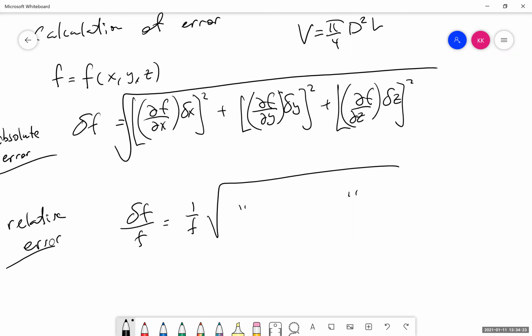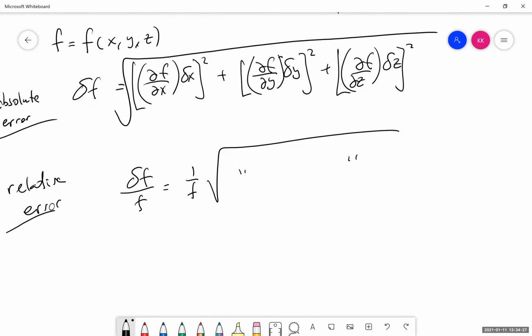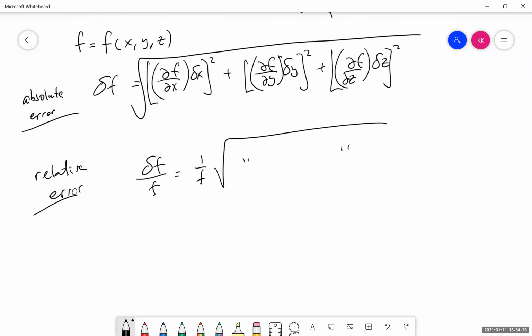Okay. So let's see then what we have. For example, remember, I calculated those quantities. Partial f partial x, remember, it's again in the handout, was 5yz cubed.